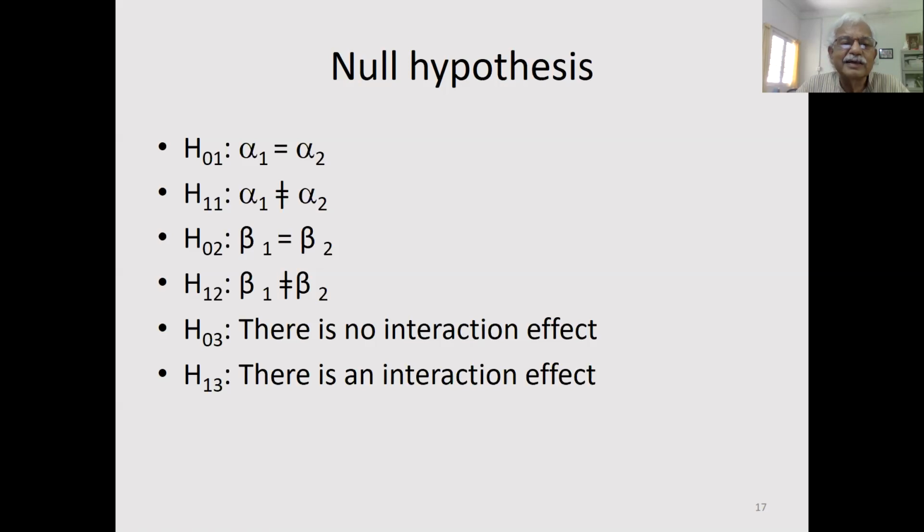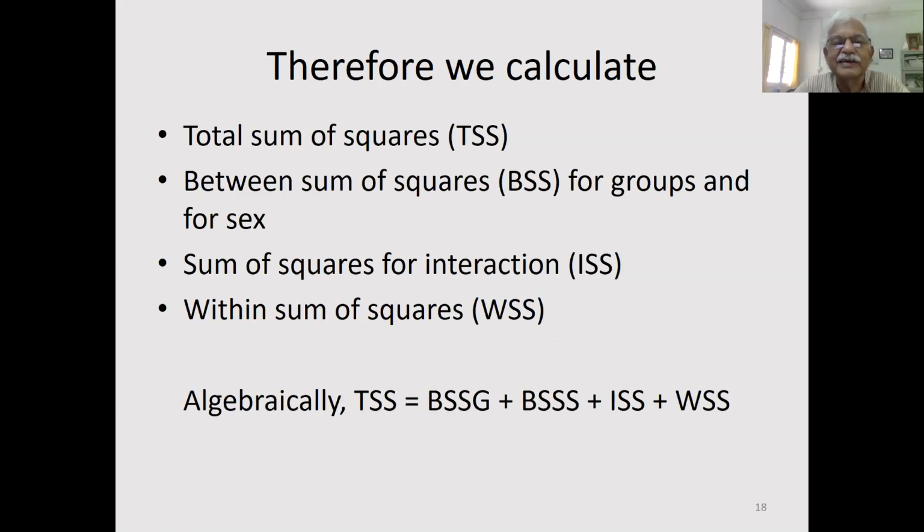And the alternative hypothesis would be that alpha 1 is not same as alpha 2, means there is a difference. Beta 1 is not same as beta 2, means there is a difference, and there is an interaction effect.